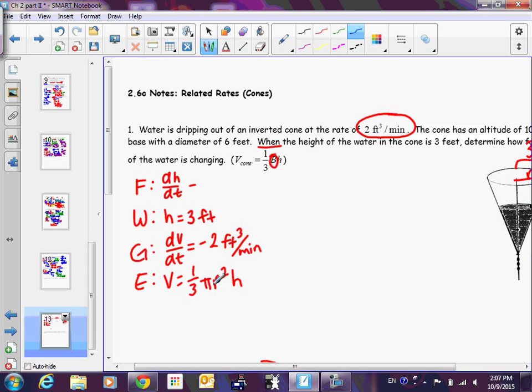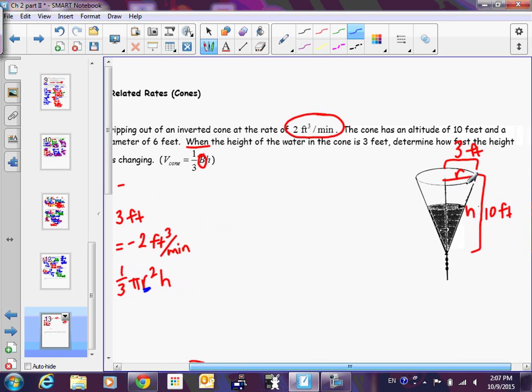R squared, or r, I don't know anything about r. So this little r right here, I really want to kick it out, but I'm going to have to replace it with something. h is okay. I know what h equals, and dh over dt is what I'm looking for. So somehow this over here is supposed to be telling me something about r.